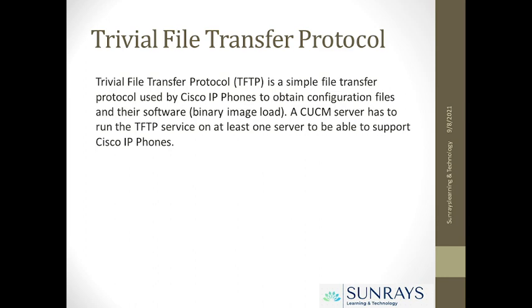We can configure two types of phones in CUCM, one is SIP and another one is SCCP. SCCP is basically a Cisco proprietary protocol. For CUCM there are some predefined files which CUCM pushes to the TFTP server, so that the phone gets those files after booting.